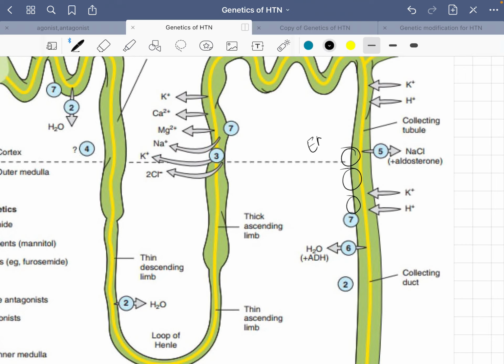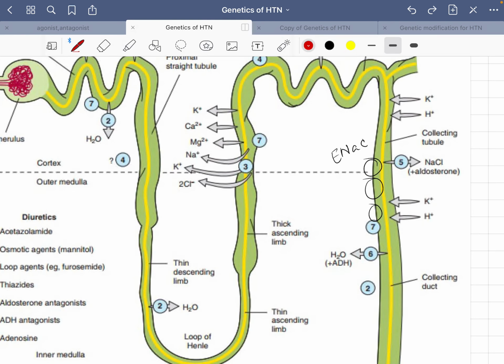This is called the epithelial sodium channel, and it reabsorbs sodium from the glomerular filtrate into the peritubular capillary.